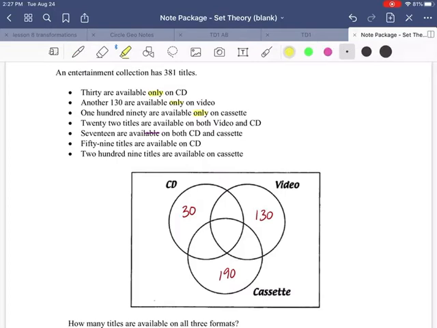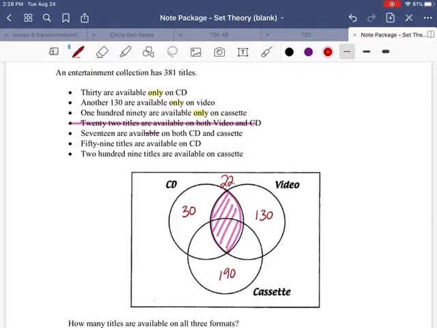Now, here's the trick for this. This part here, 22 titles are available on both video and CD. So video and CD refers to this section here, okay? We know that there's 22 in that section. How it's split up between the top little triangle-ish and the middle triangle, we don't know yet.